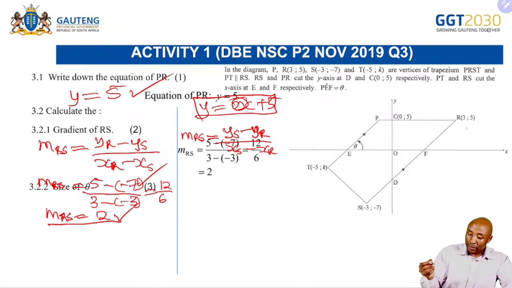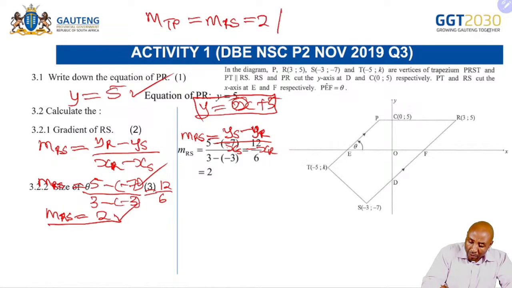So we are able to see that the gradient of TP is equal to the gradient of RS, which is equal to 2, and we know why.